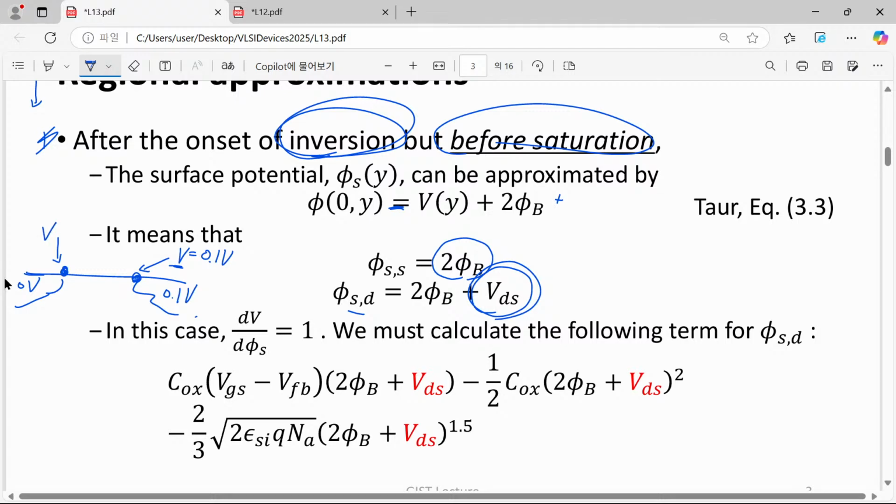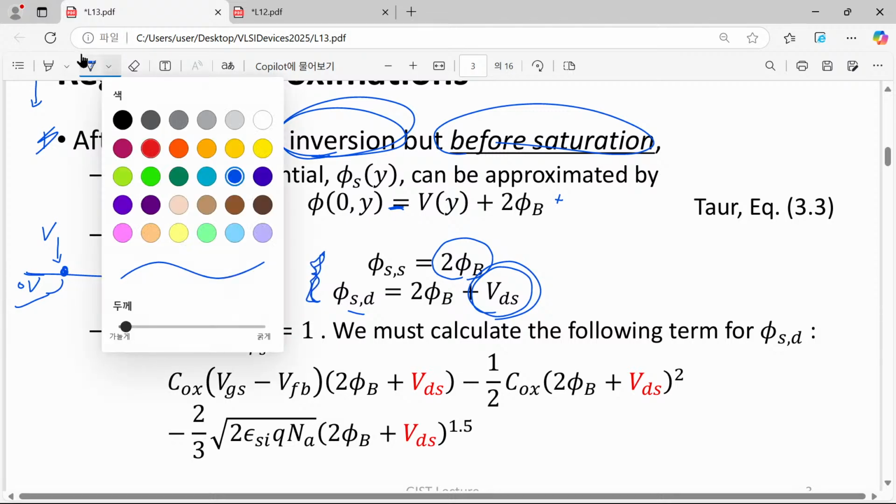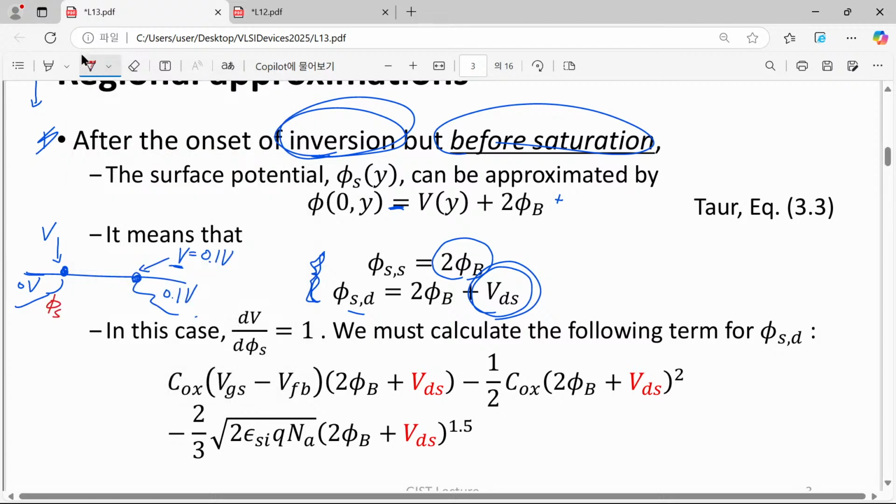But what we are currently approximating here is that even our surface potential shows the same amount of increase. Why? We have assumed that their behavior looks quite similar in this inversion case.